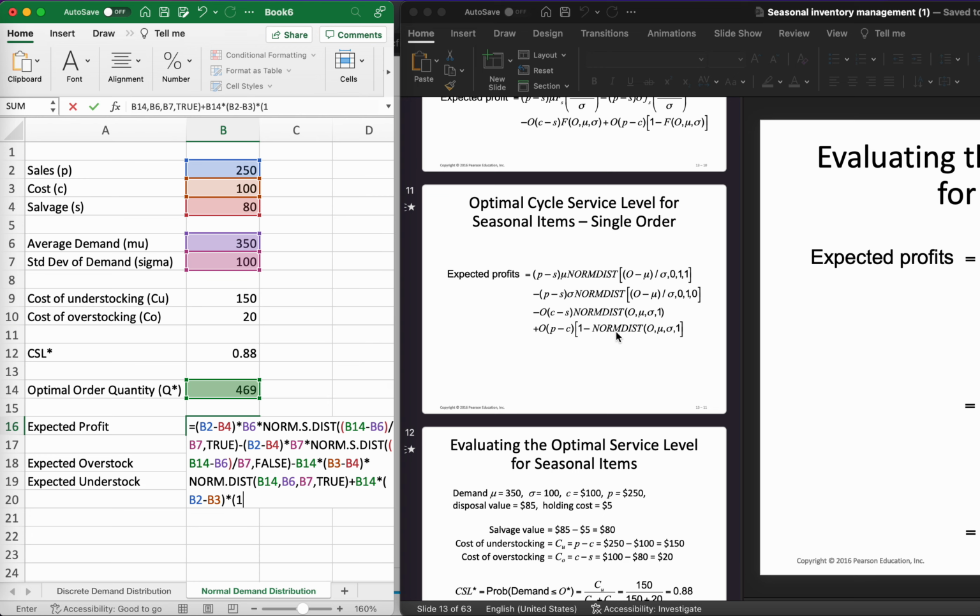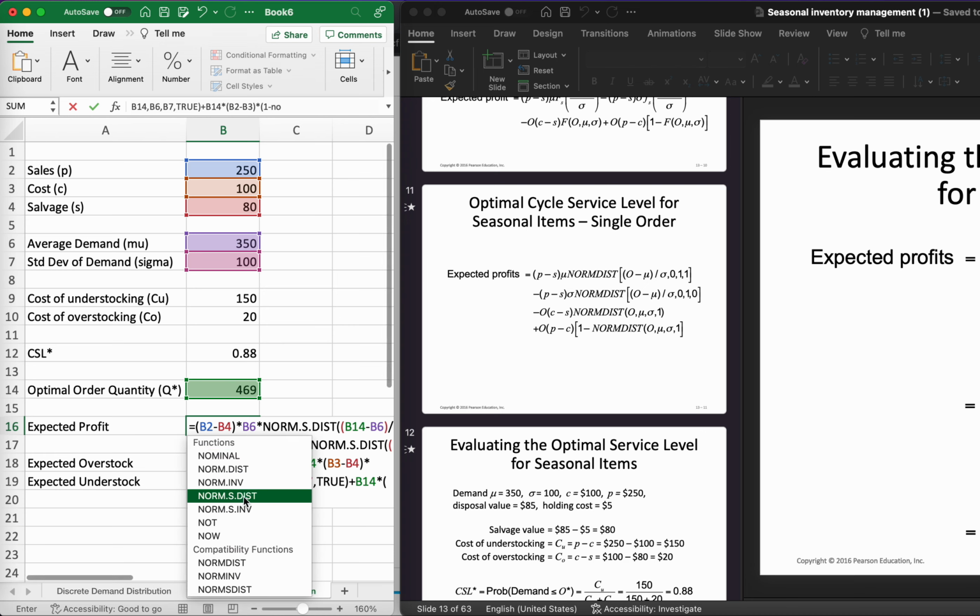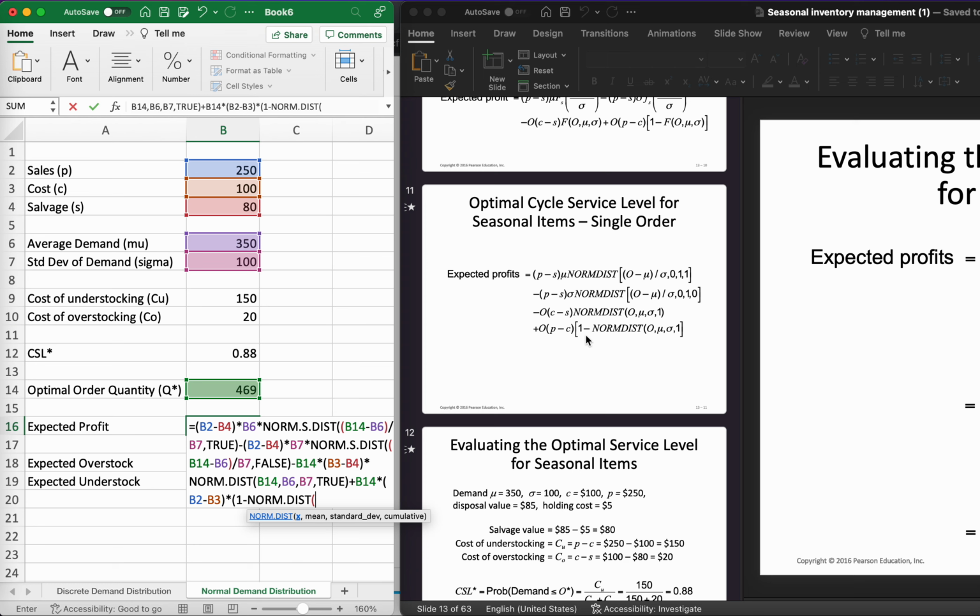So it will be 1 minus NORM.DIST of Q, comma mean, comma standard deviation, comma, is this 1 or 0? Okay, it says 1 here, so let me say true for the time being, but I have a feeling that should not be true.